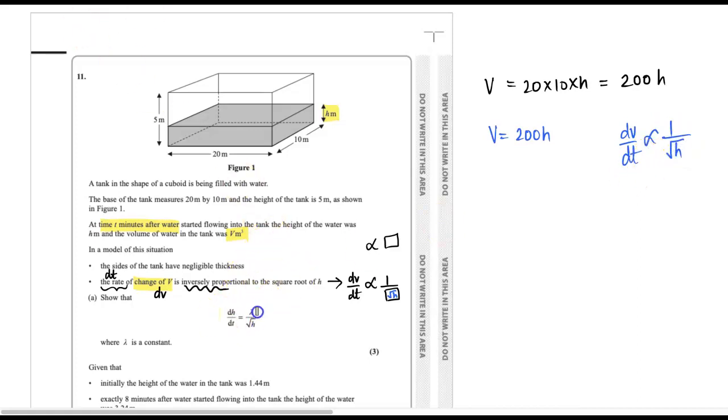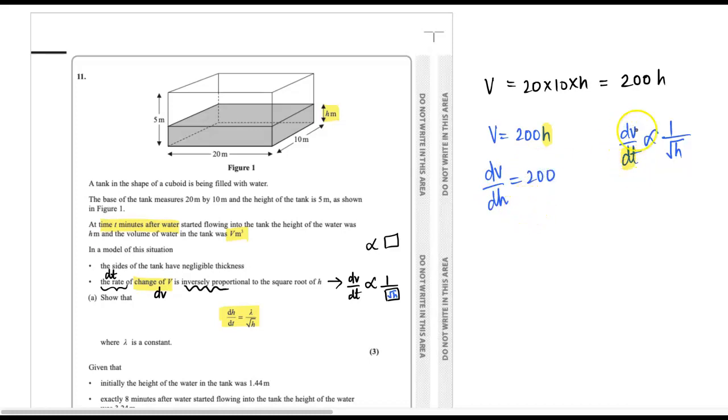That is good. What we have to show is dh over dt. So let's differentiate this thing. If we differentiate this, we're going to be getting dV over dH, that is going to be 200.